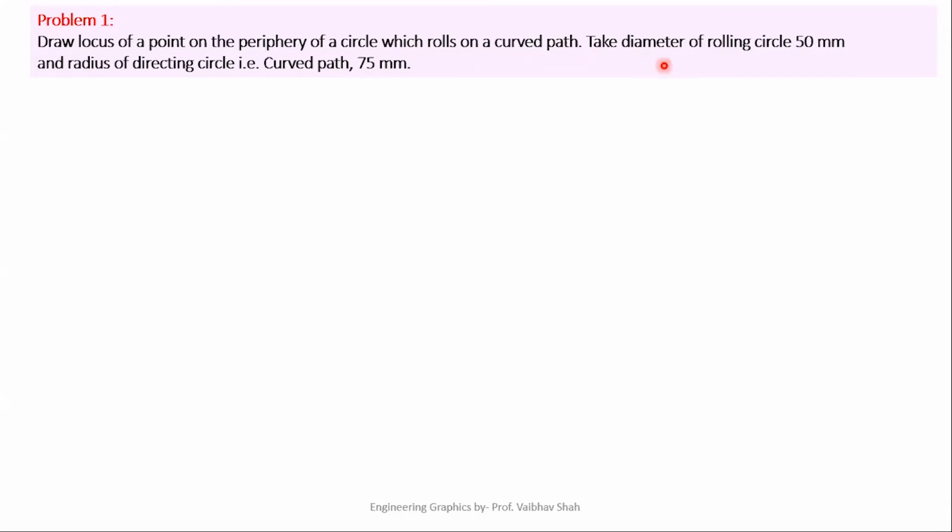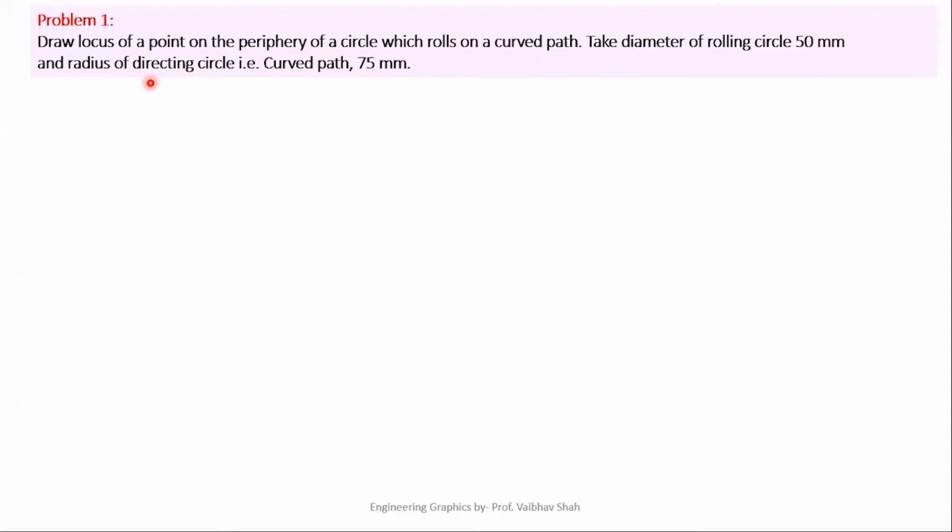Now the diameter of rolling circle is 50 mm. Always remember, rolling circle is the smallest diameter circle. That's why we'll be using small d and small r for defining this rolling circle. So your diameter is given, that means small d is equal to 50 mm and small r would be 25 mm. Now radius of directing circle is given, which is 75 mm.